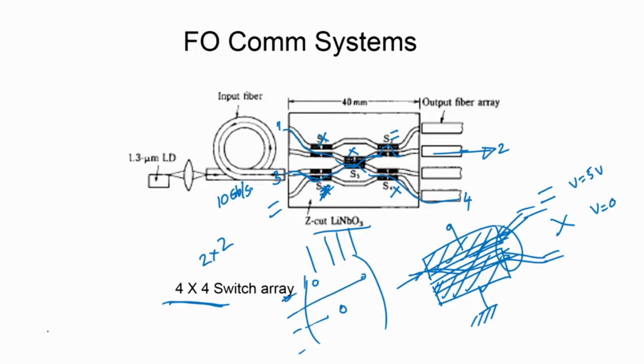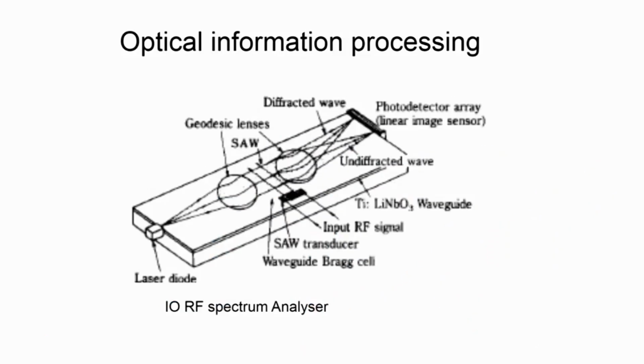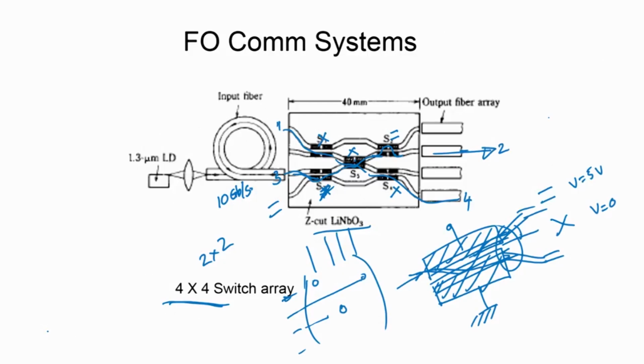One of the important features we know about conventional integrated optical devices is that these angles are very, very small, typically of the order of a few degrees, 1 or 2 degrees.